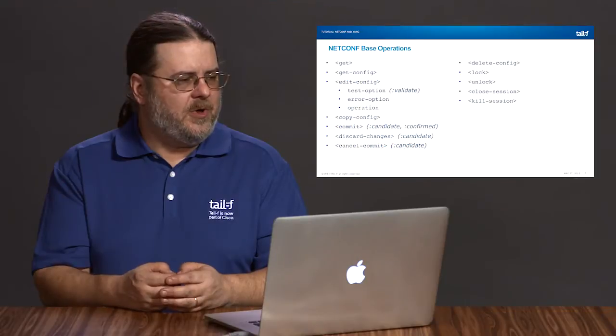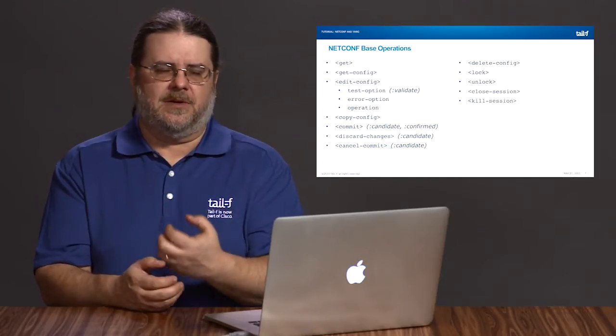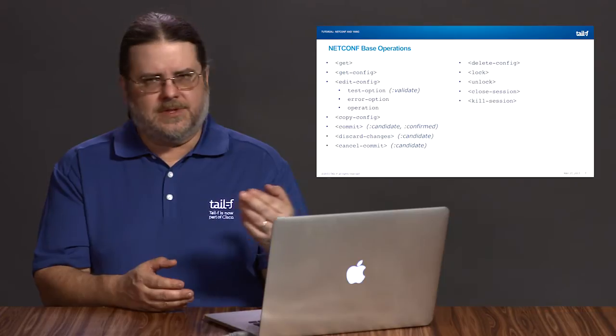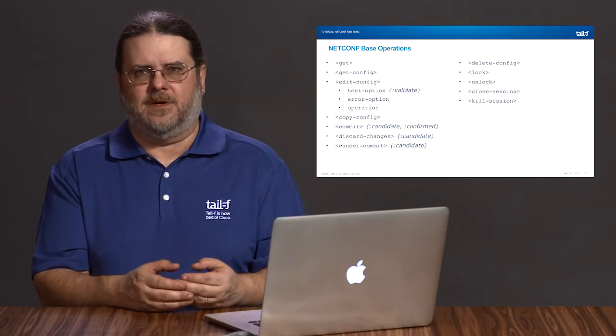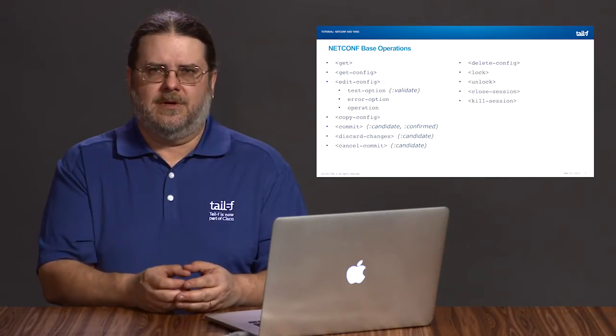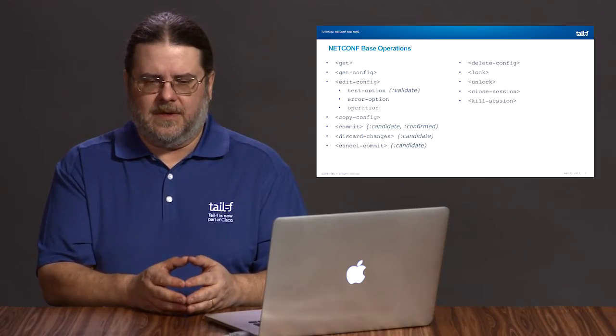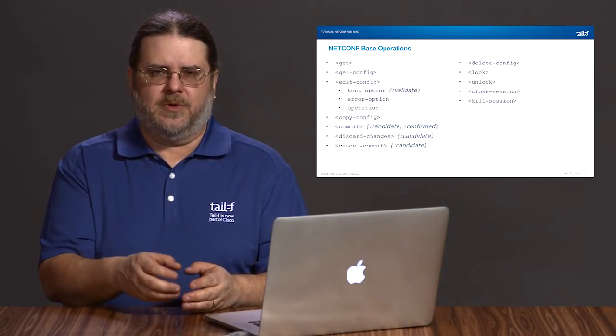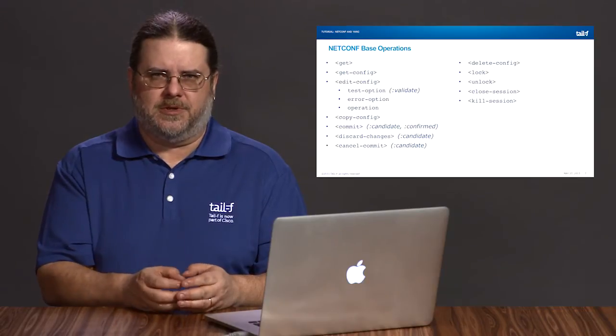So the get operation is used to retrieve data from the device. Now you'll notice there are both get and GetConfig. GetConfig will only retrieve configuration data. Get will retrieve both configuration and operational data.